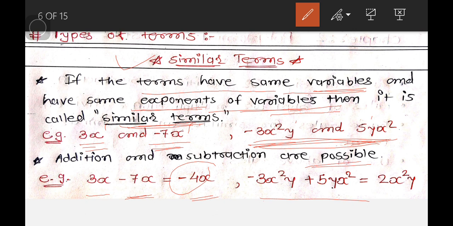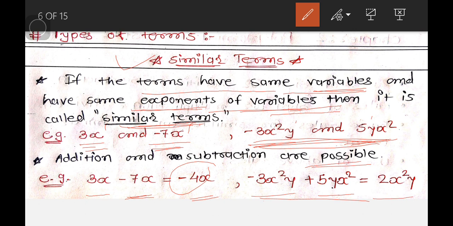Both terms have different signs, so we do subtraction. We subtract 3 from 5, so it gives 2x square y.